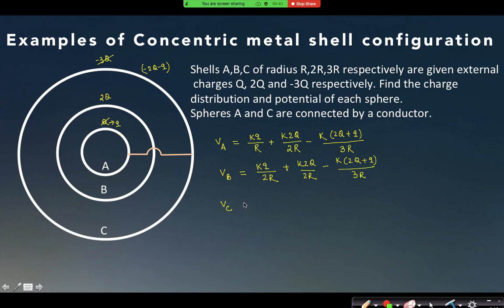And the potential of shell C: for shell A, it is k into q by 3r. For shell B, it is k into 2Q by 3r. And for shell C, it is minus k into (2Q plus q) by 3r. So these are the equations that we can form from this diagram.